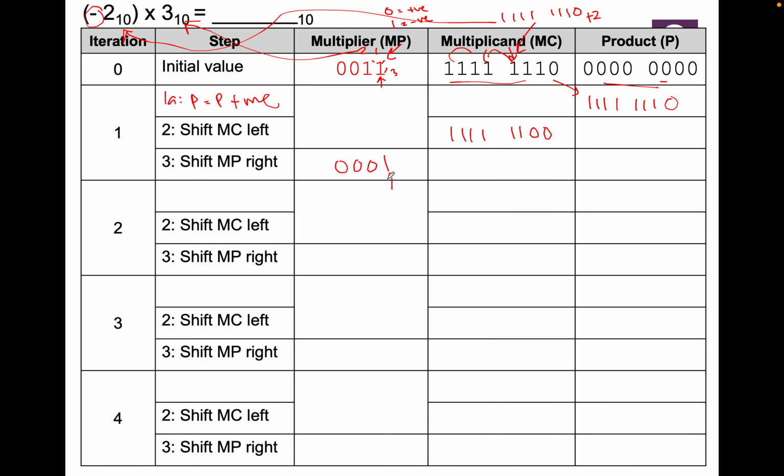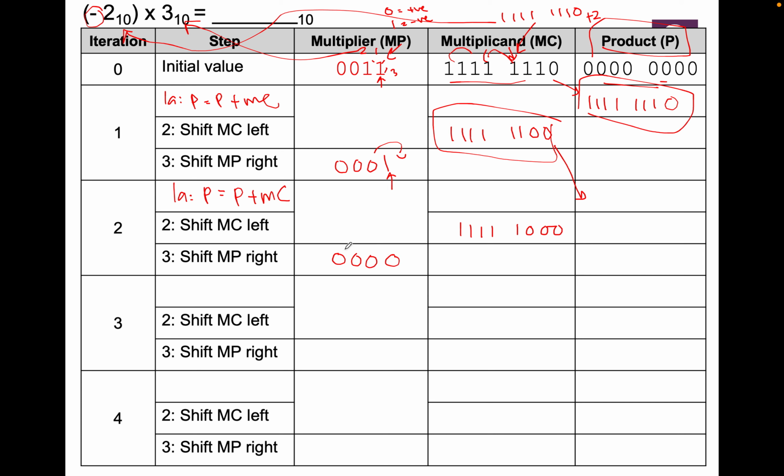And then again, check this bit. Oh, still 1. So you have 1A equal to P plus MC. So what you need to add? You need to add this value and this value. Then you get this P. After that, shift left, 1, 1, 1, 1, 1, 0, 0, 0. This one you will shift right, 0, 0, 0, 0.